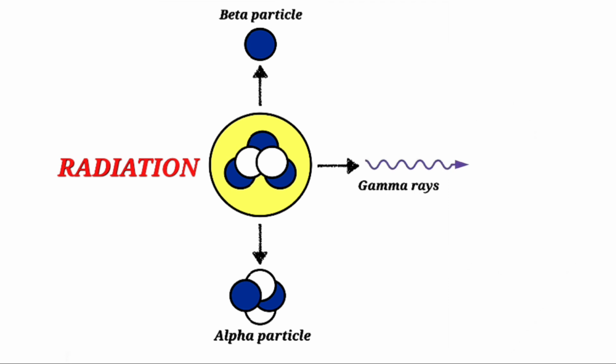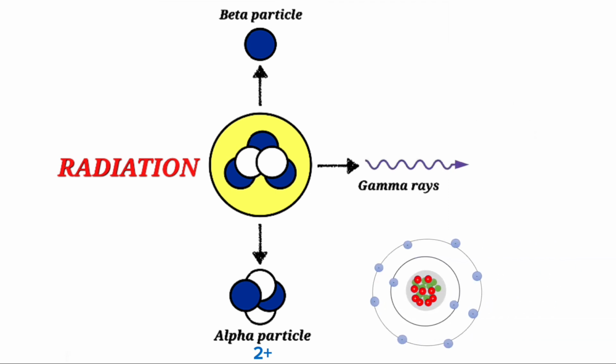Now, the reason for this is, number 1, alpha particles have a positive charge. They actually have a positive charge of 2, okay, plus 2. So what happens is that when they interact with atoms, they can easily pull electrons away from the atoms. Okay, let's imagine we have an alpha particle, and the alpha particle is positively charged.